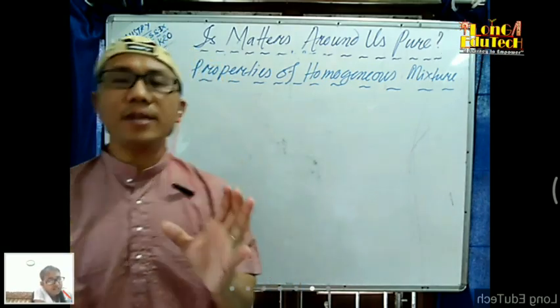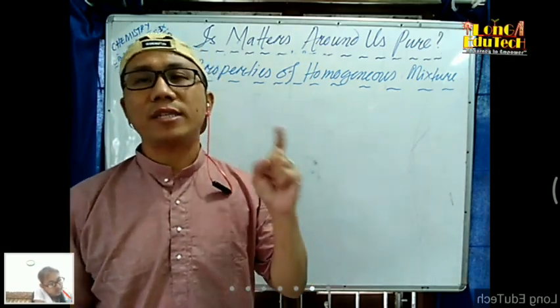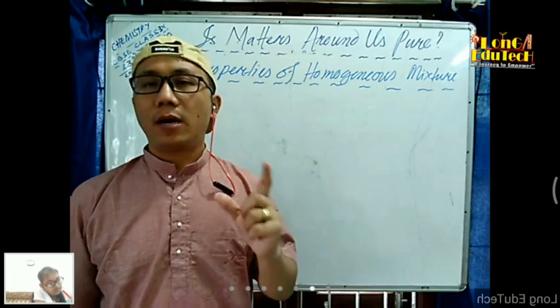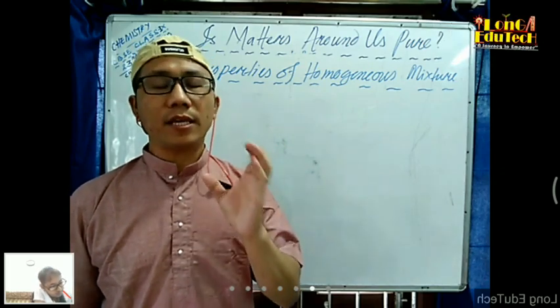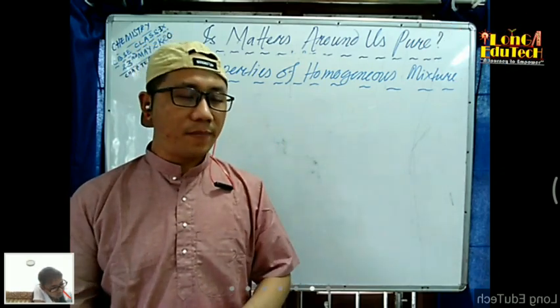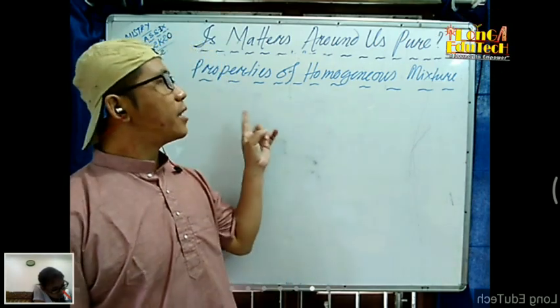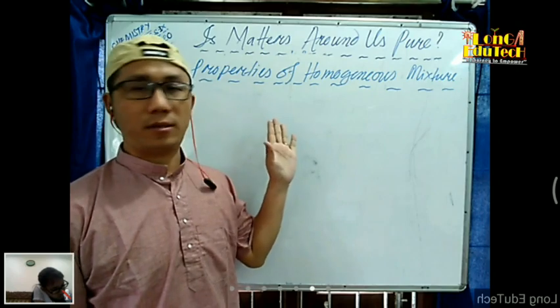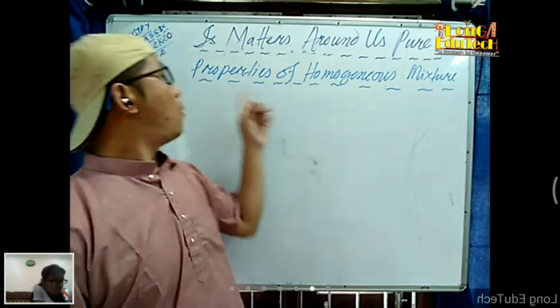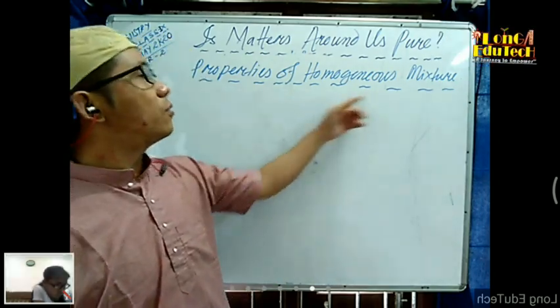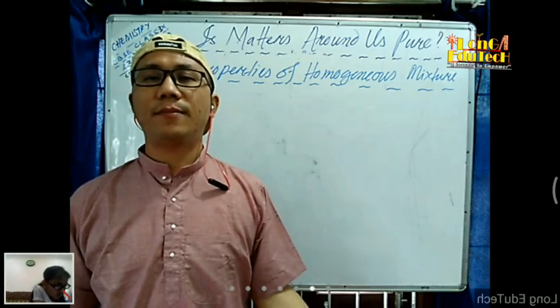In every note you must think what questions can arise. After noting down all these things, you must ask yourself what questions can be asked by the teacher. Now you must think, for example, give some properties of homogeneous mixture, like that can also come.